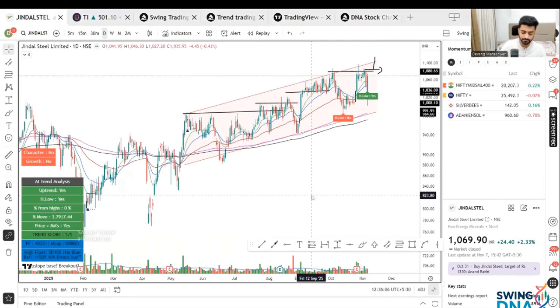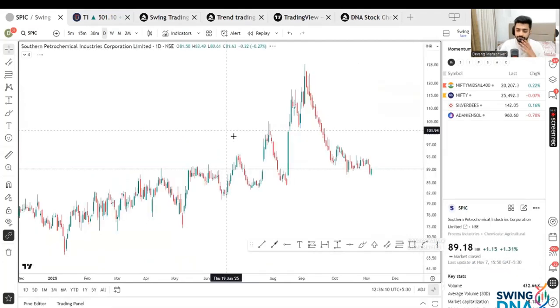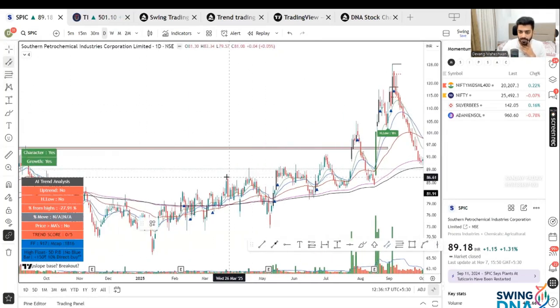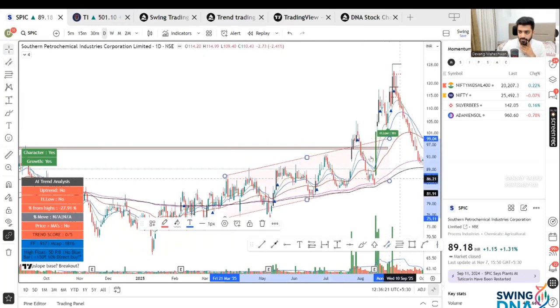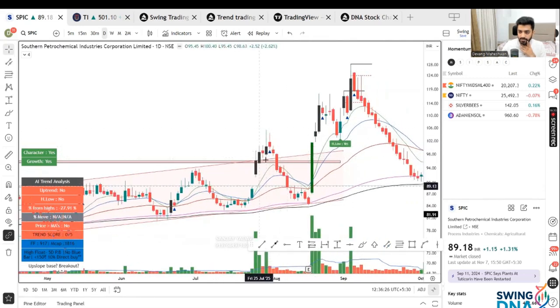SPIC. See, this is a sloppy base. This moves for one day and then goes back. There are ample stocks, you don't have to go for these. It finally broke out up here somewhere, but it did not work. It failed. Here it worked, but just too fast.